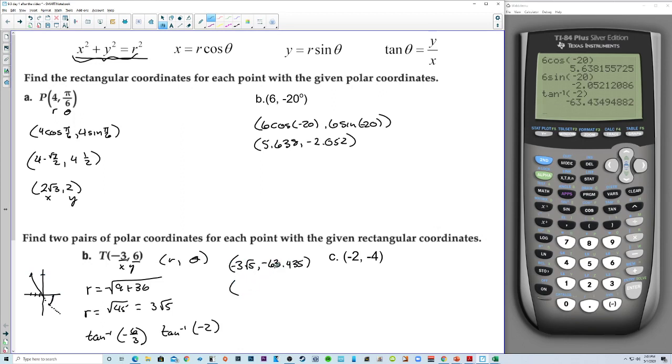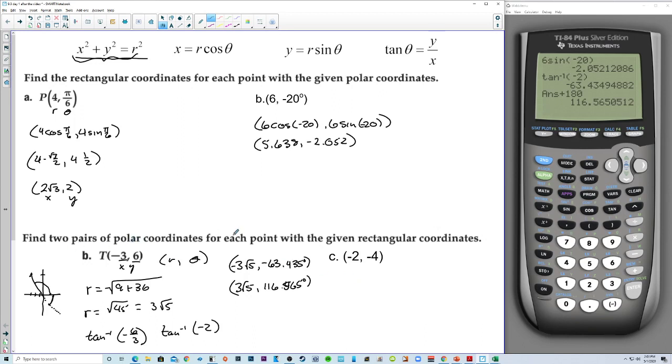All right. And then if we want to use a positive r, then we're going to have to find out what this angle right here is. So we're going to have to add 180 to this negative 63. So plus 180. And now we can use 3 square root of 5, but then we have 116.4565 degrees, like that.